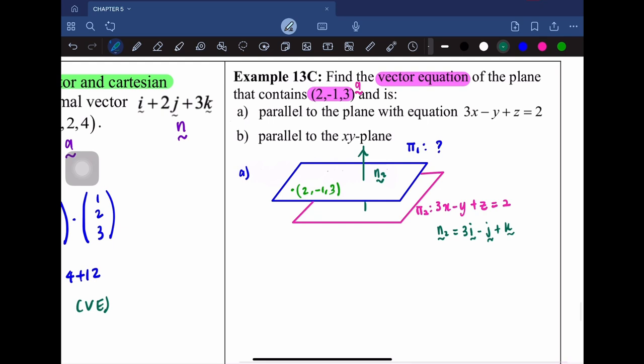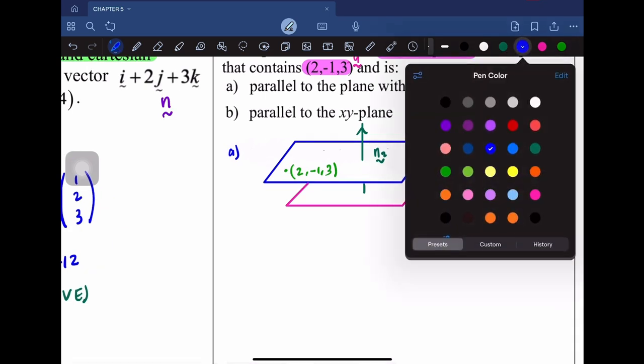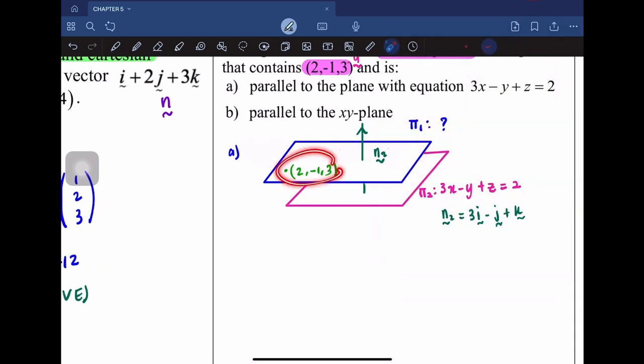Alright. So now we already have the two things that we need. The first one is a fixed point on the plane, and the second one is any vector that is normal to our plane. Okay, so now we can just insert into our equation. So we have r dot n equal to a dot n. So r dot our n, the normal vector for plane 1, is also a normal vector for plane 2. So this is their normal vector.